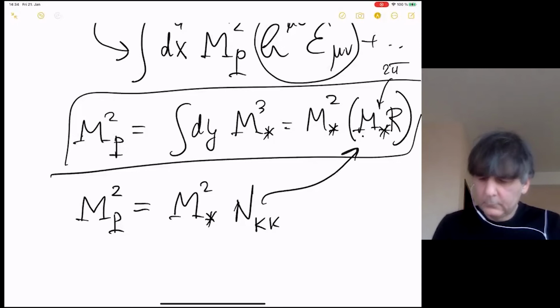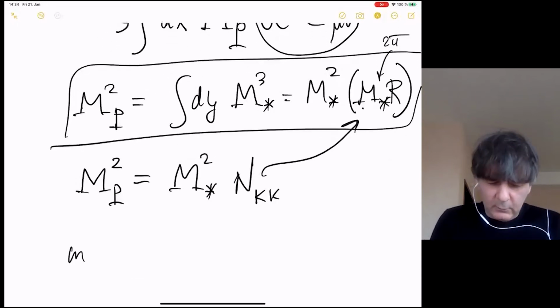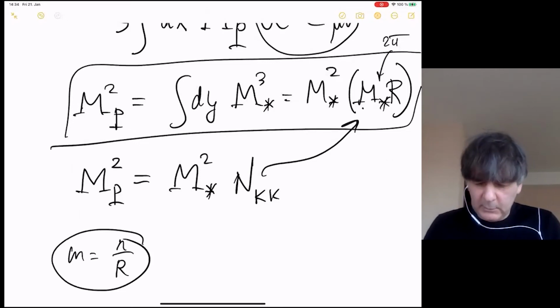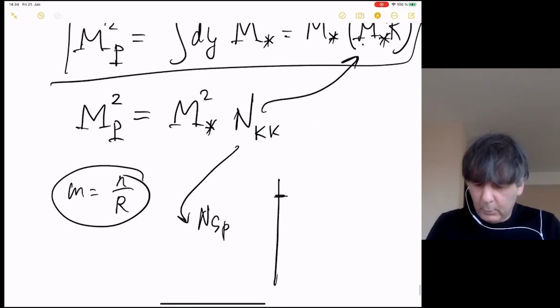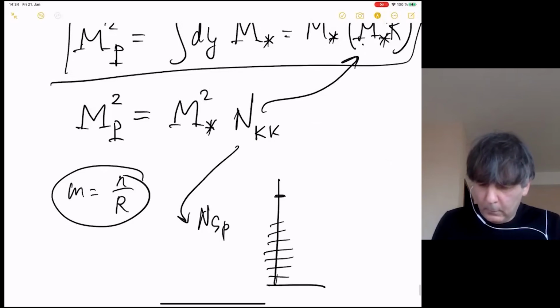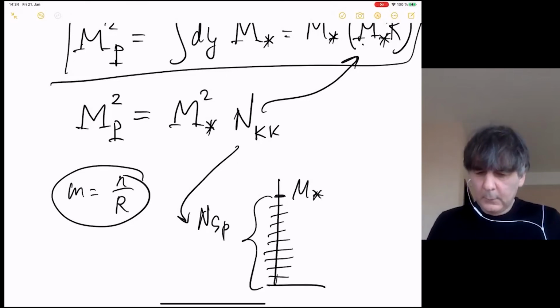The spacing of the Kaluza-Klein masses goes like n over r, and if you count the number of Kaluza-Klein species from 0 to the cutoff, you get this number.